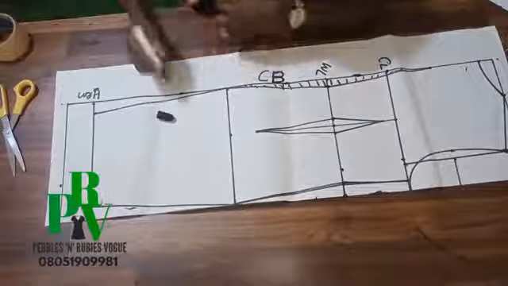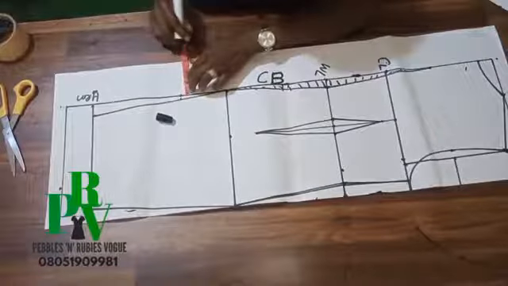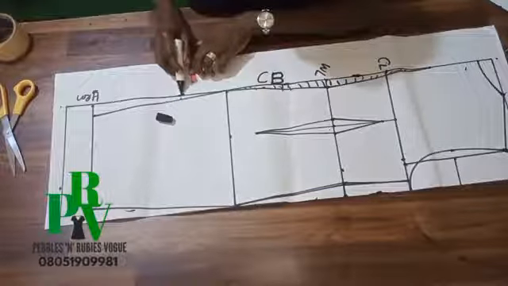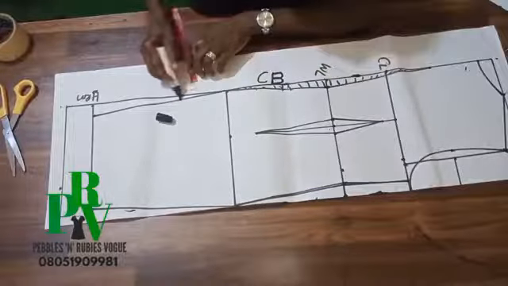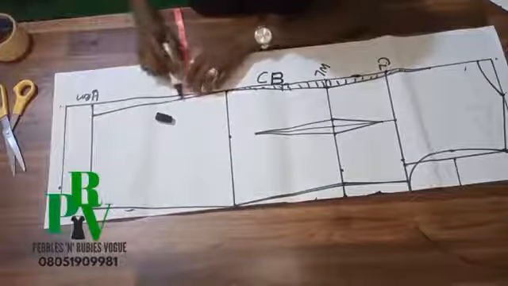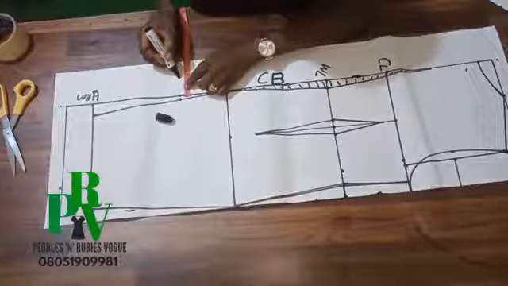Okay, so from that 7 inch, I'll mark 2 inch outward also. Remember, my 2 inch does not start from the center back. It's starting from this 1 inch slanted line that we have moved in with from the hem and we connected to the hip line. So I'll mark 2 inch from that point outward as well.